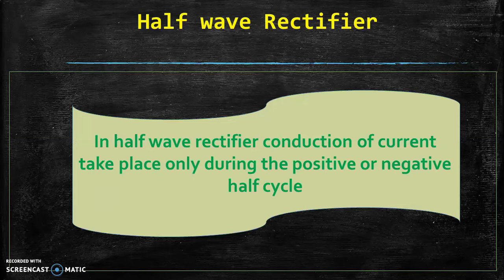In half wave rectifier, conduction of current takes place only during the positive or negative half cycle. So conduction through the load is possible only in the half cycle of the input alternating supply.